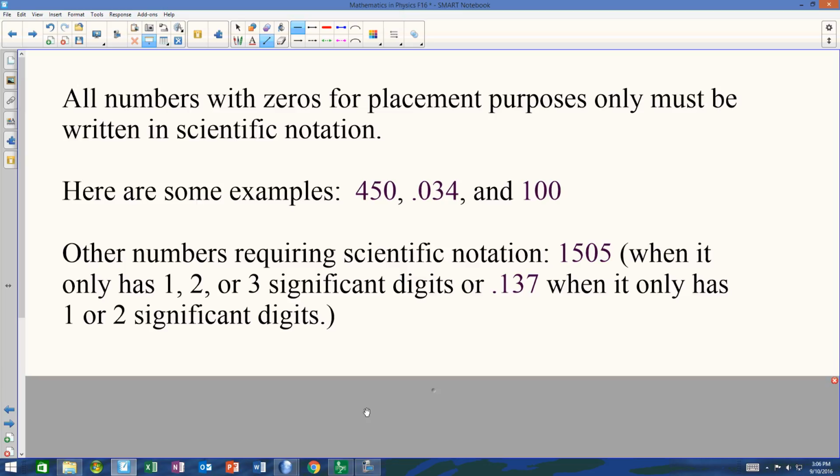Okay, so for instance, if I have a number like 1,505, which you see right here, you can leave that alone. Okay? If I have 0.137, I can leave that alone. Unless, of course, this 1,505 only has 3 sig figs. Then you should write it in scientific notation.